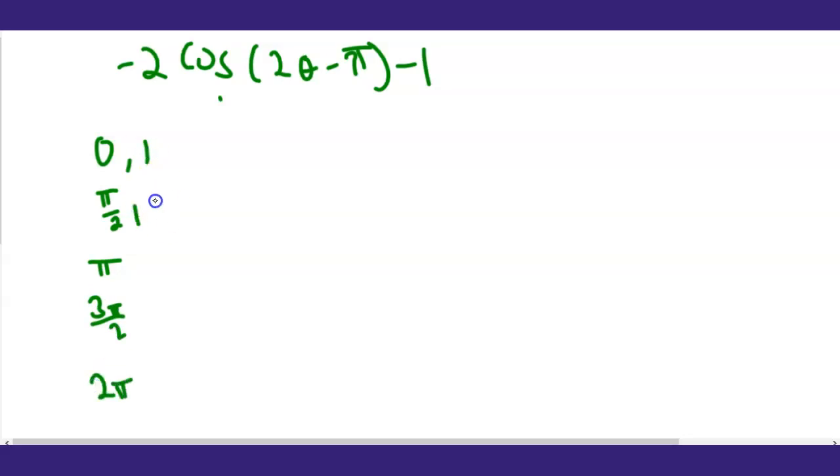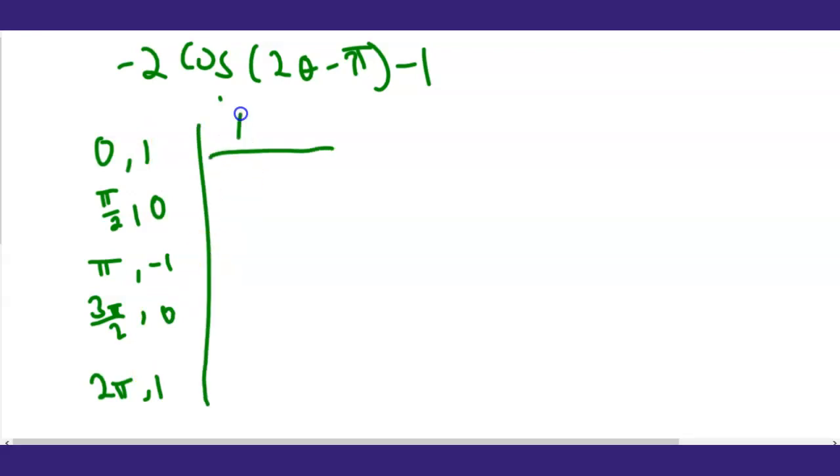So high, middle, low, middle, high. First we're going to do the inverse of k. Well, k is 2, so I'm going to multiply all the x values by 1/2.